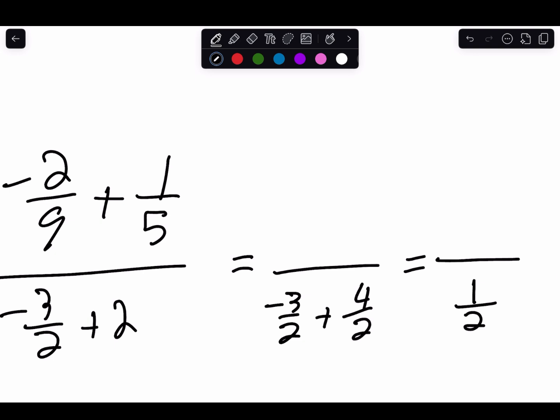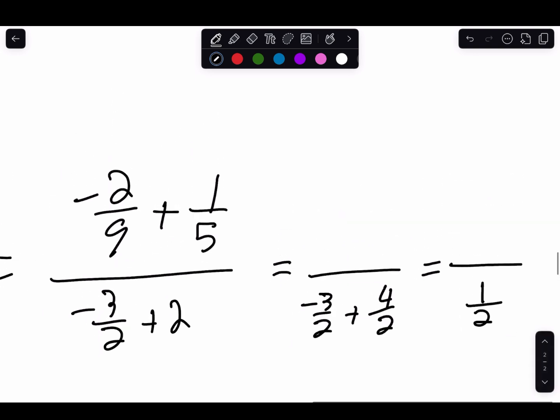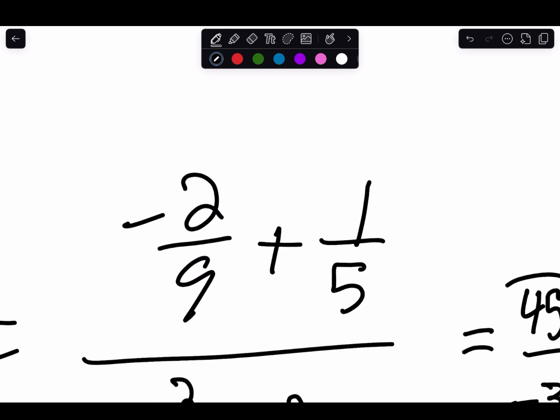And then the numerator, we're going to want to find that common denominator. And the easiest thing to do here is just multiply 9 by 5. And so we're going to get 45 for our denominators of those fractions, right? And then the numerator, you're just going to be multiplying it by whatever you're multiplying the denominator by.